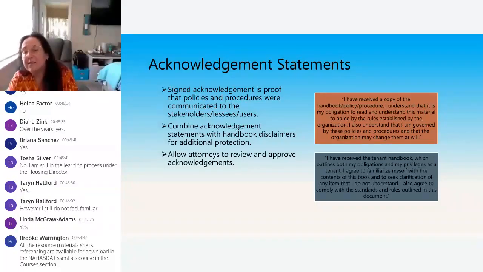I agree to familiarize myself with the contents of this book, to seek clarification of any item that I do not understand. And I also agree to comply with the standards and rules outlined in this document. That's why you put two of them on there. You have one for proof, and then the other one, they're going to say, yeah, I said that I was going to do this. It makes it a little bit easier to enforce it.